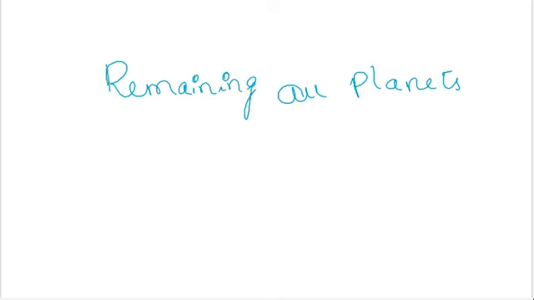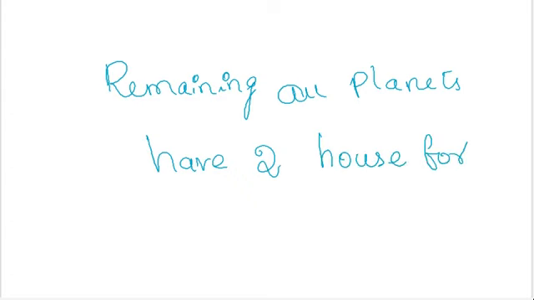So the remaining all planets have two houses for its own. For example, what and all the planets we saw there?